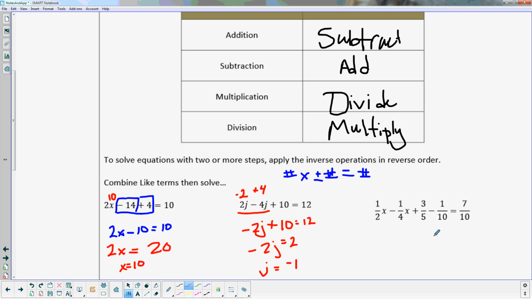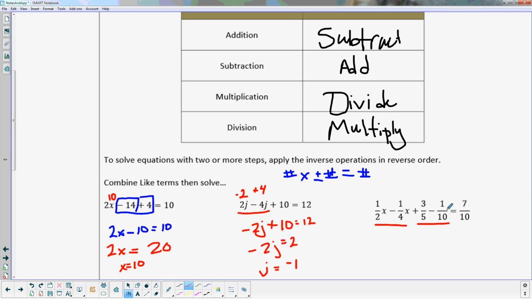Okay, so that works. On this next one, I've got a little bit of work to do because I'm dealing with fractions. So we're going to review your fraction work a little bit. I notice that I have two sets of like terms: the x's and the numbers, all on the same side of the equal sign.